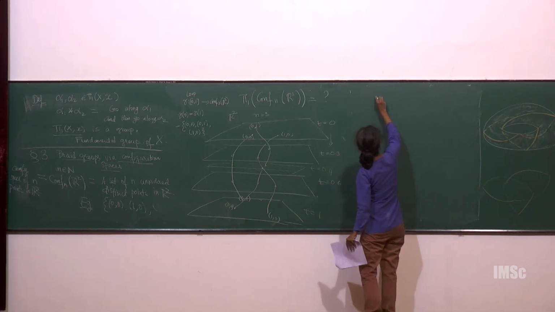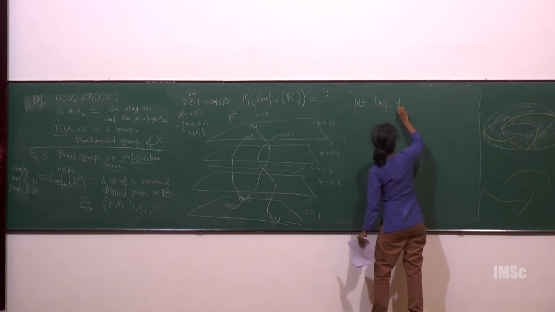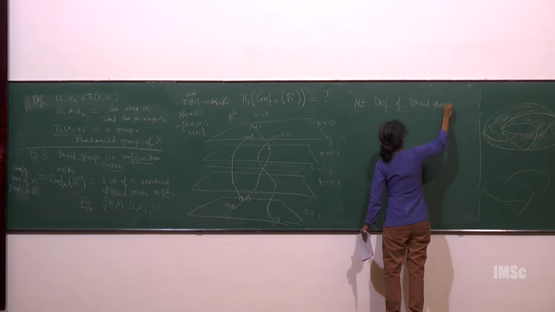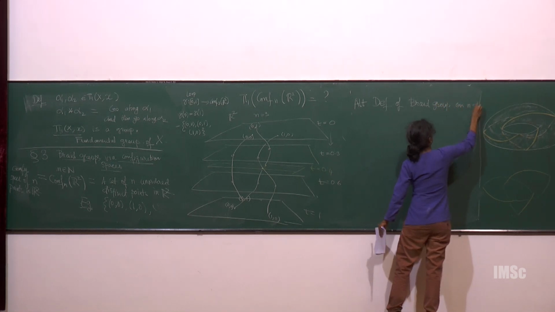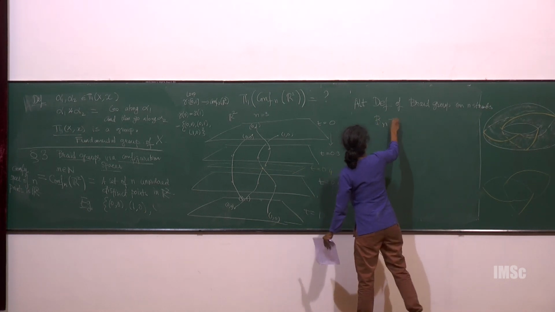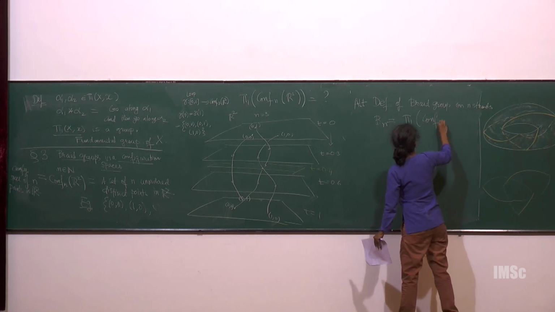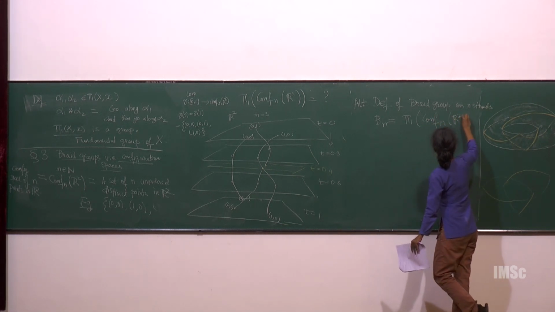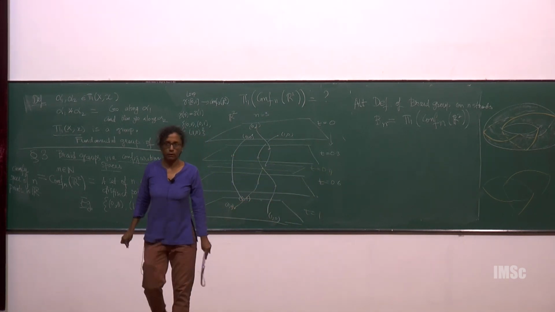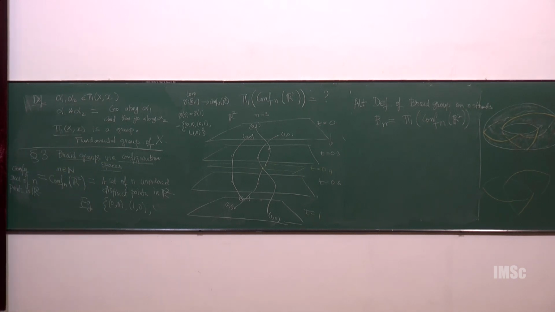So another definition, alternate definition of braid group on n strands is Bn is equal to pi 1 of conf n. So as many points as you take corresponds to the number of strands. So Bn will be pi 1 of conf n.